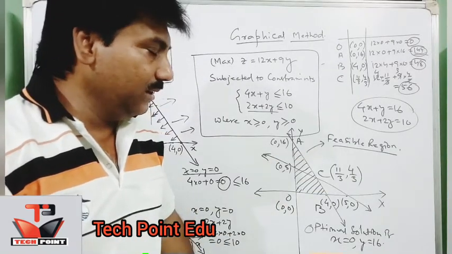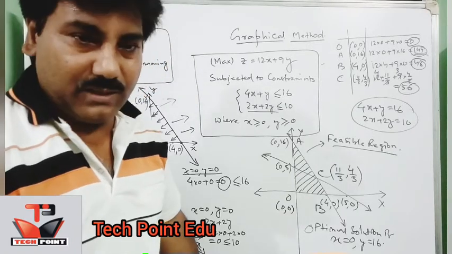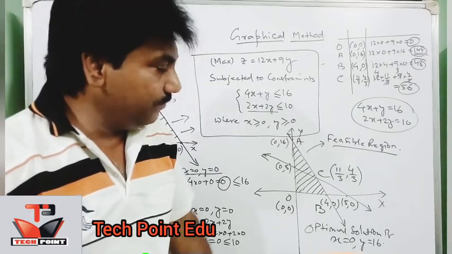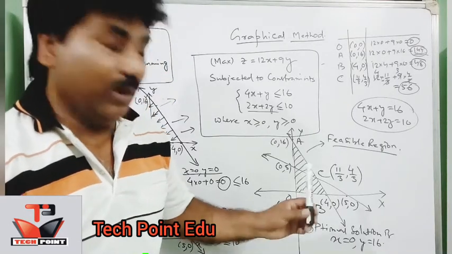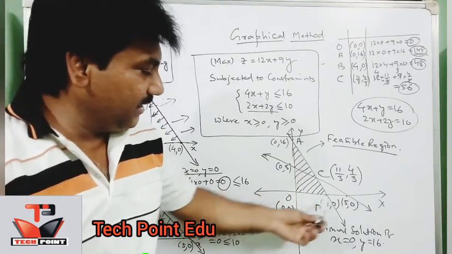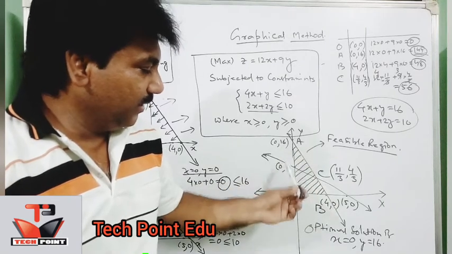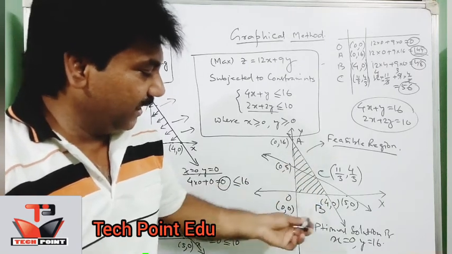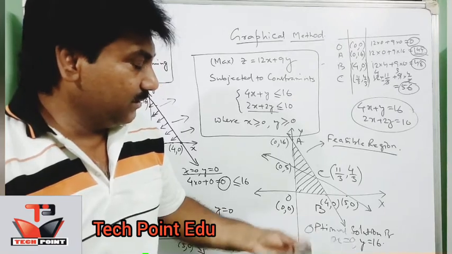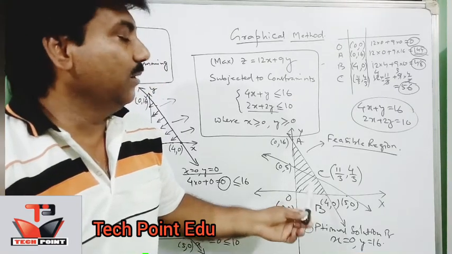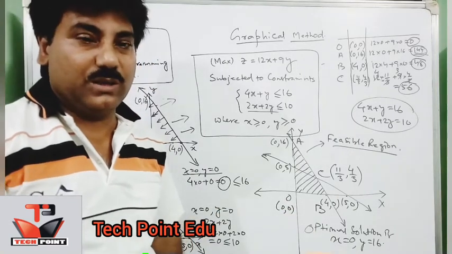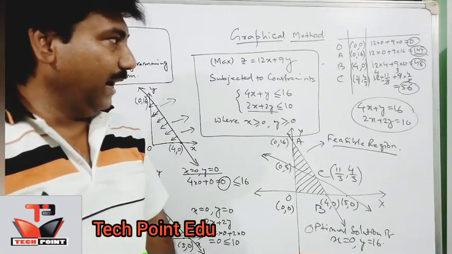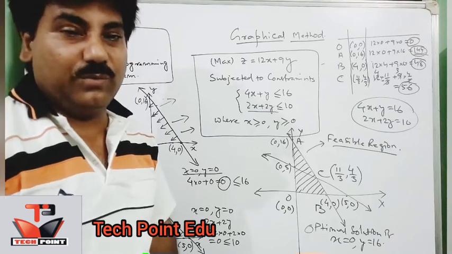Those sums have non-feasible solutions. And there are also some unbounded solutions. This region is bounded because this is a bounded area. Some problems are there where you will not get any bound. That will be unbounded solution problems. And in that case we will not get any solution for the sum.